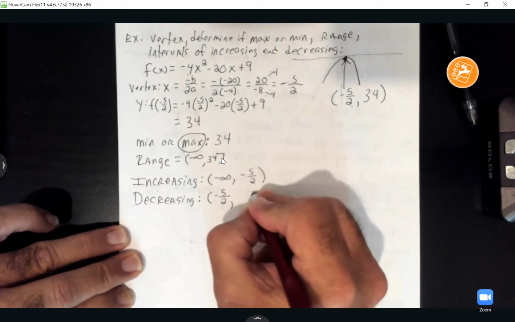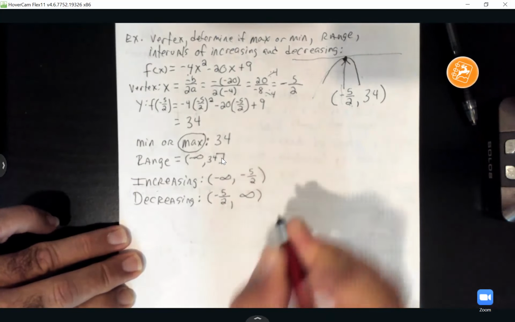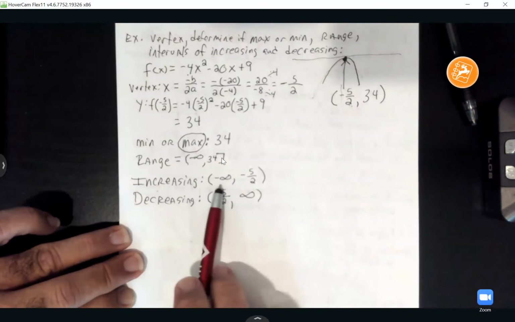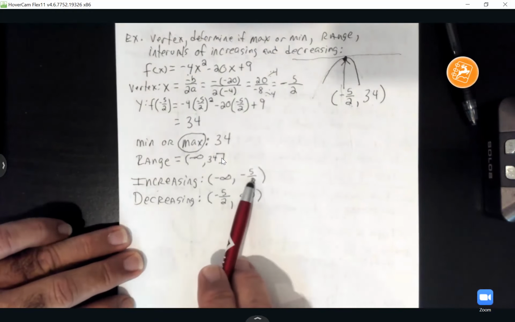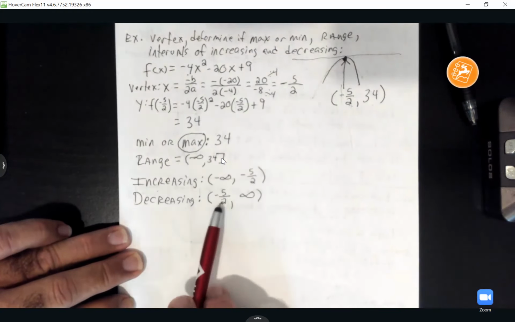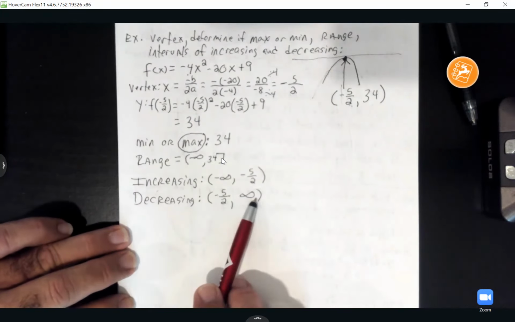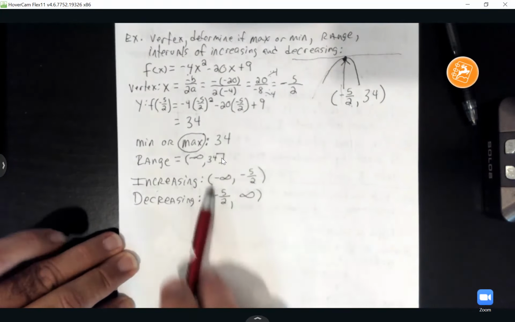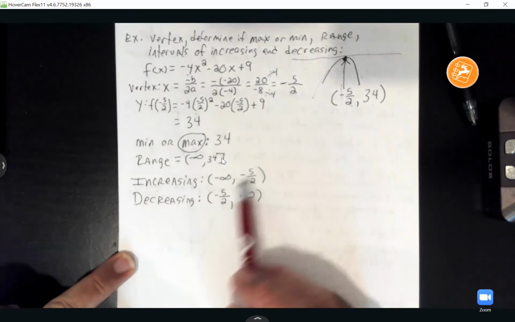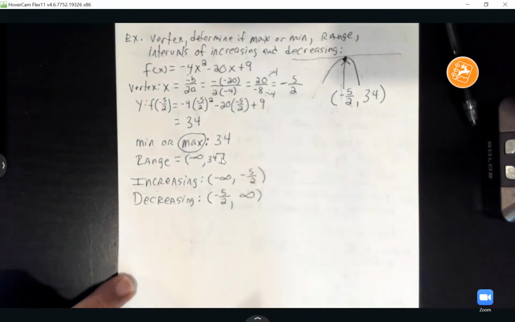So good job. Notice on these intervals, from negative infinity to negative 5/2 is going uphill. And then starting at that negative 5/2 going to positive infinity, it's going downhill. So these are connected with that vertex x value being the crossover point, okay?